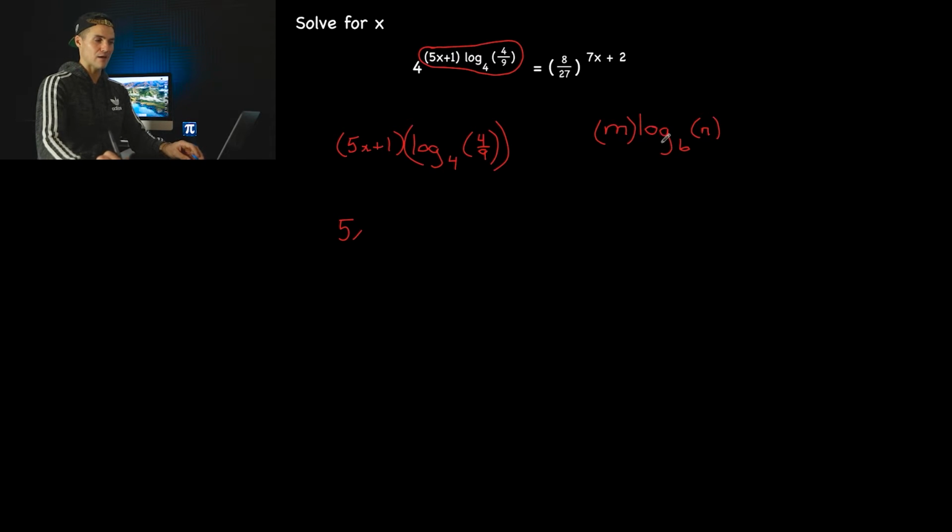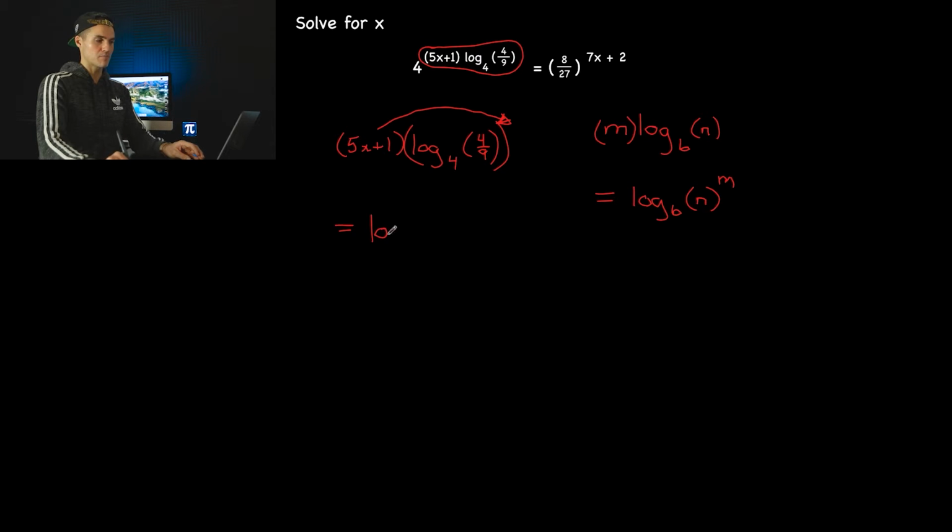And whenever you have, going back to this rule, whenever you have a coefficient in front, you can always take that coefficient and bring it to the exponent, like that, right? So I can take this 5x plus 1 and bring it to the exponent here of the 4 over 9, using the 4 over 9 as a base.